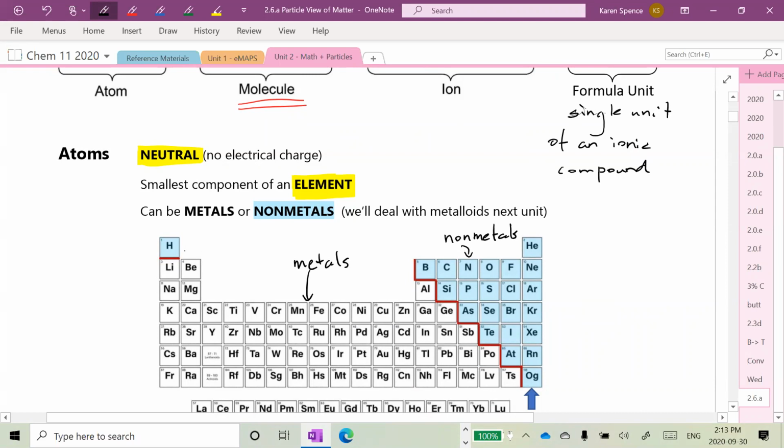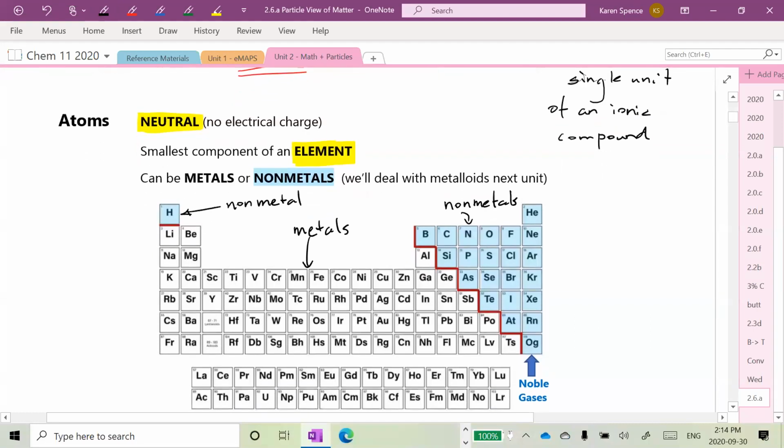And who else is shaded? Hydrogen. Hydrogen is actually a non-metal, even though it's over on that side of the periodic table. So atoms could be nonmetals, atoms could be metals. They're just whatever particular type of element.